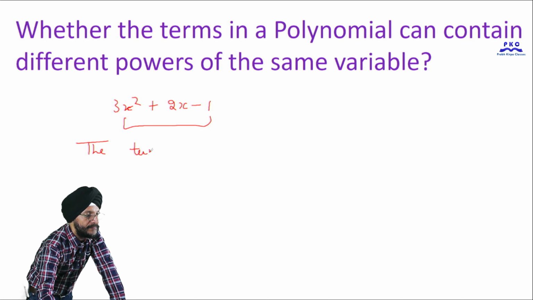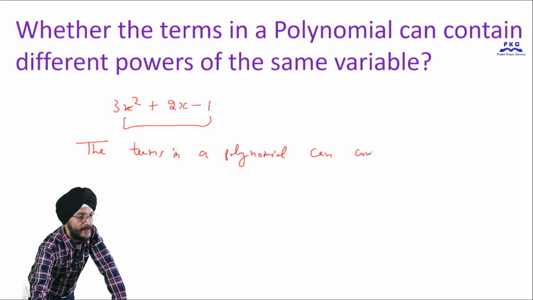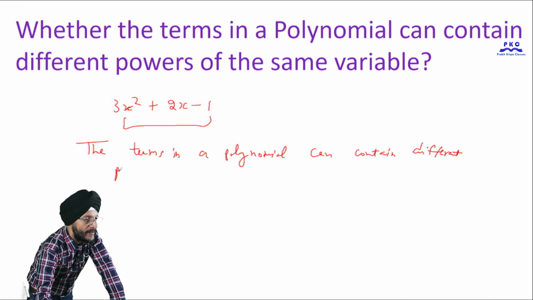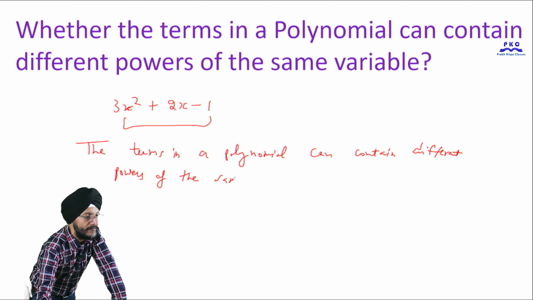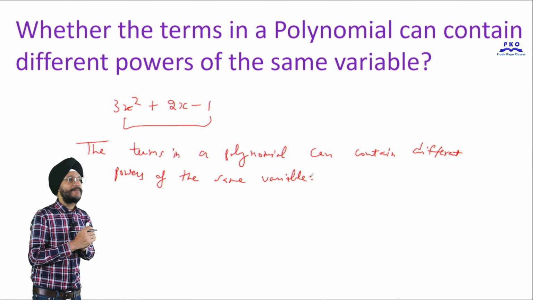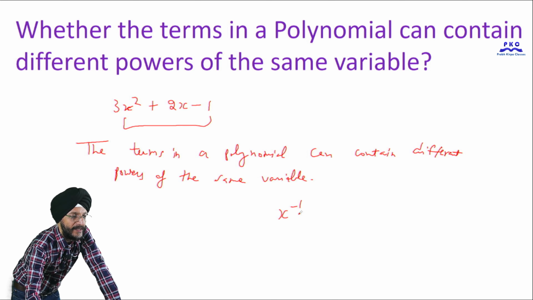the terms in a polynomial can contain different powers of the same variable, but it must be remembered that the power cannot be negative.